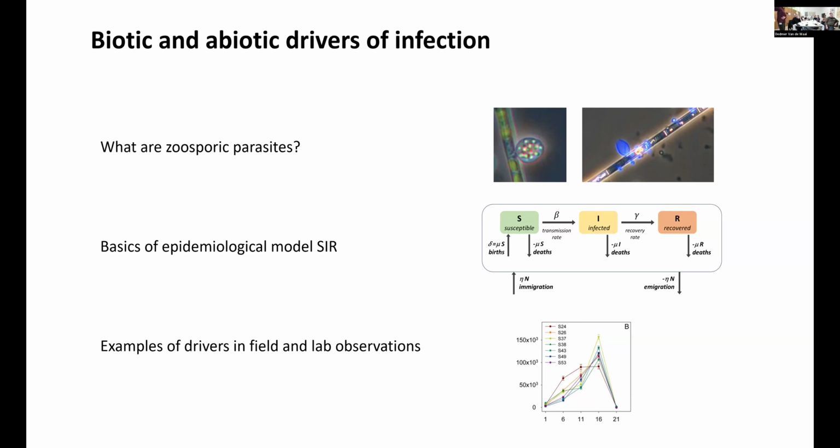I will give you a bit of an introduction to SIR models. Who's familiar? Well, you can correct me, I guess. Cool. So it's not super familiar to everybody, which is good. And then I give you a couple of examples of how that actually looks in field and lab observations.